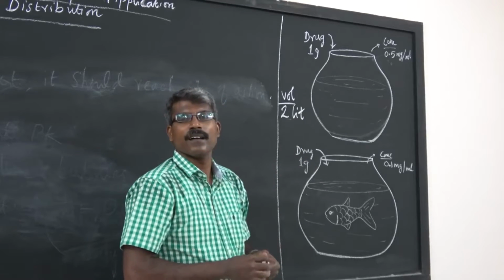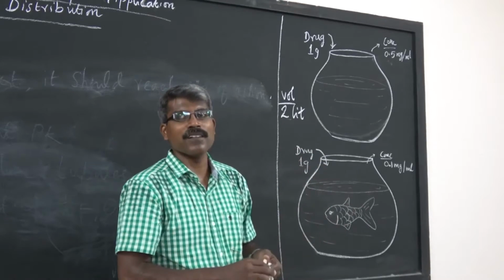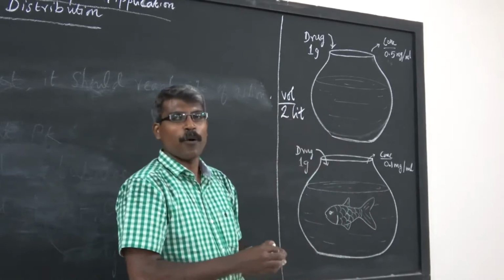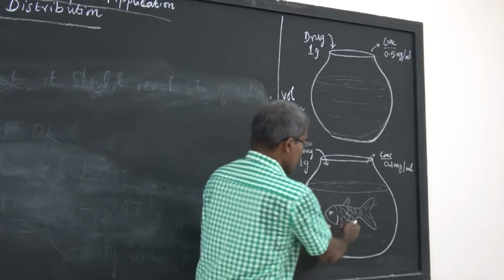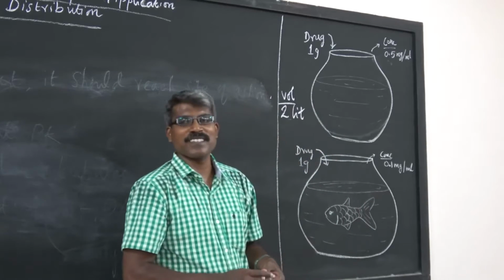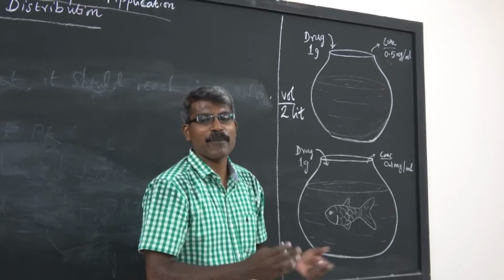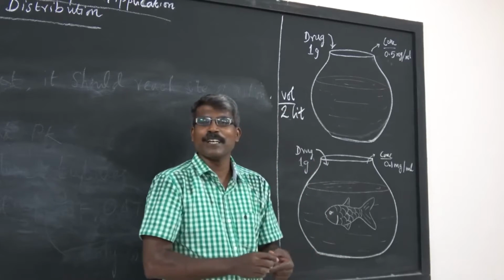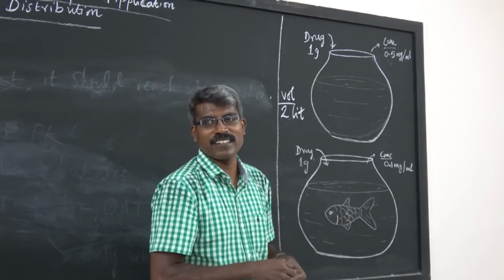Now, let's take another example. Now I have the jar, and I have put a small fish into this jar. What am I going to do now? Again I am going to add this drug, 1 gram of drug, into it.